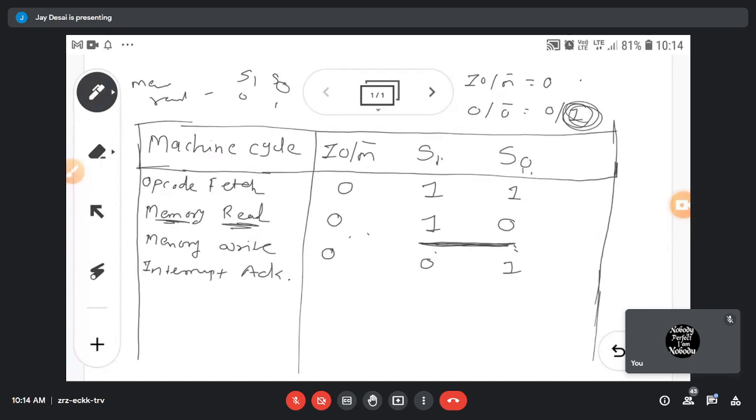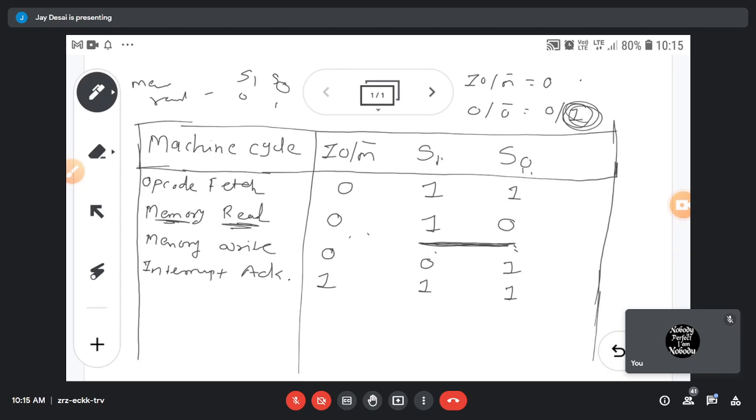So in this case, you have to deal with the input output devices which you connect with the processor. So what do we have to select over here? We have to select input output devices. So what is the logic at IO/M bar? 1. So you have to put 1 over here. Same 1, 1. So when there is a logic 1 at IO/M bar, logic 1 at S1 pin and logic 1 at S0 pin, it means that right now my interrupt is supposed to be acknowledged by the processor.